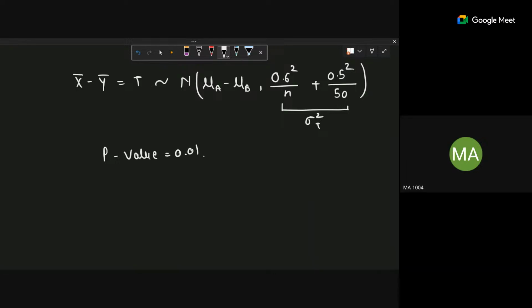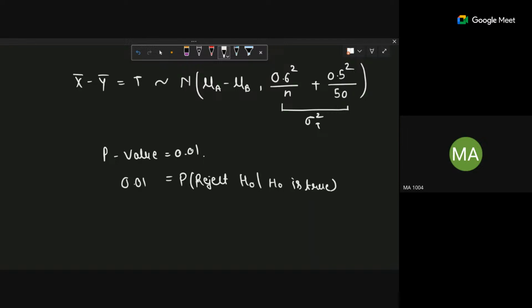That is nothing but the probability of type 1 error, or rejecting null given that it is true.